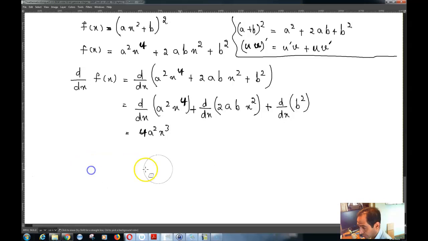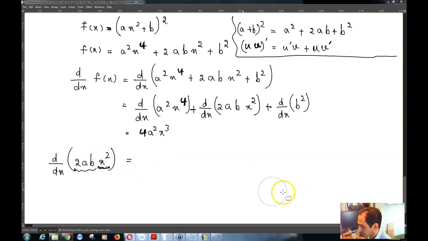The next thing that we have is basically the derivative of 2 times ab times x squared. Again you can take this whole 2 times ab as your constant and as your first function, which is nothing but a constant, and the second part is another function.